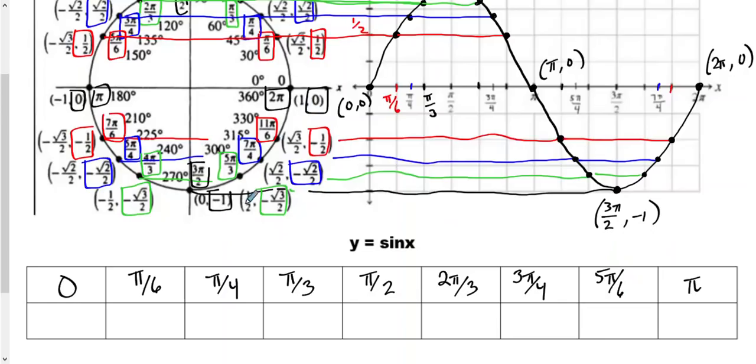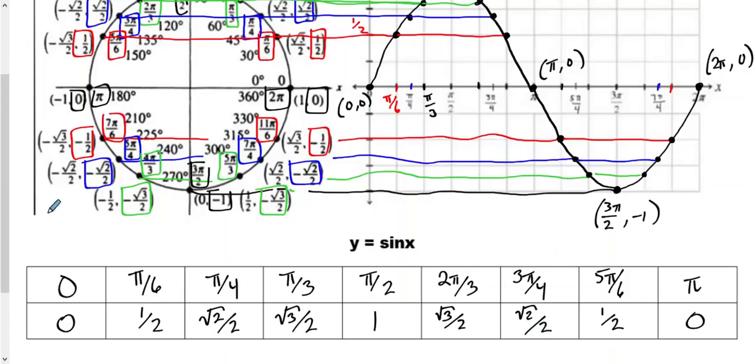So what this does is it takes us up from 0 to 1/2 to root 2 over 2 to root 3 over 2 to 1. And then back down, root 3 over 2, root 2 over 2, 1 over 2, and 0.